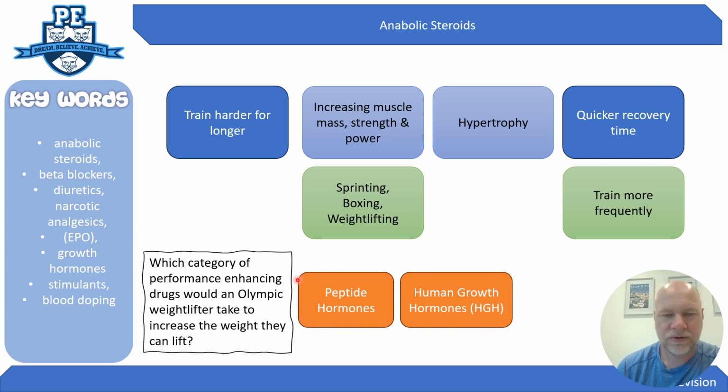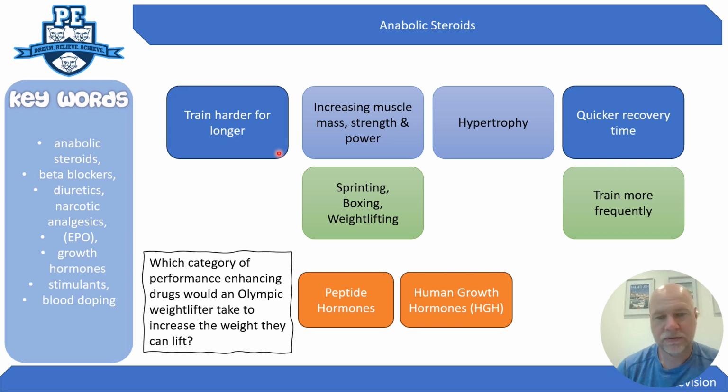If we're looking at peptide hormones and human growth hormones, we're really looking at similar impacts. So the key thing with anabolic steroids is it allows us to train harder and longer. It allows us to recover quicker from our training and exercise. Now, there are two key things. You can train hard, you can train long, and you can recover quicker.